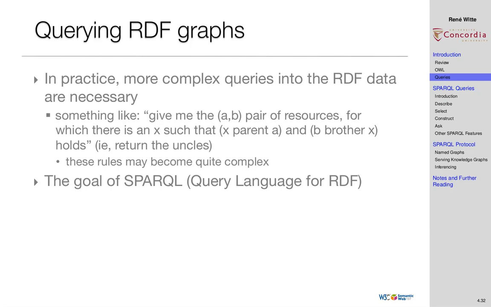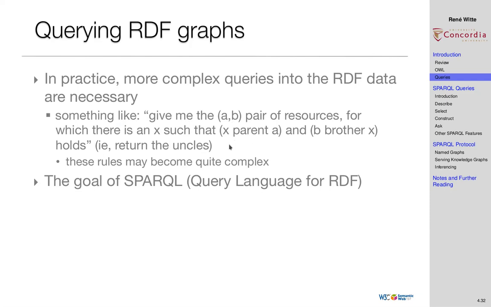Rather, the way you work with these knowledge graphs, if you have a complex question that you want to answer, for something like the one shown here: give me the pair of resources for which there is an X, such that X is a parent of A and B is the brother of X. So essentially this queries all the uncles in a set of triples.